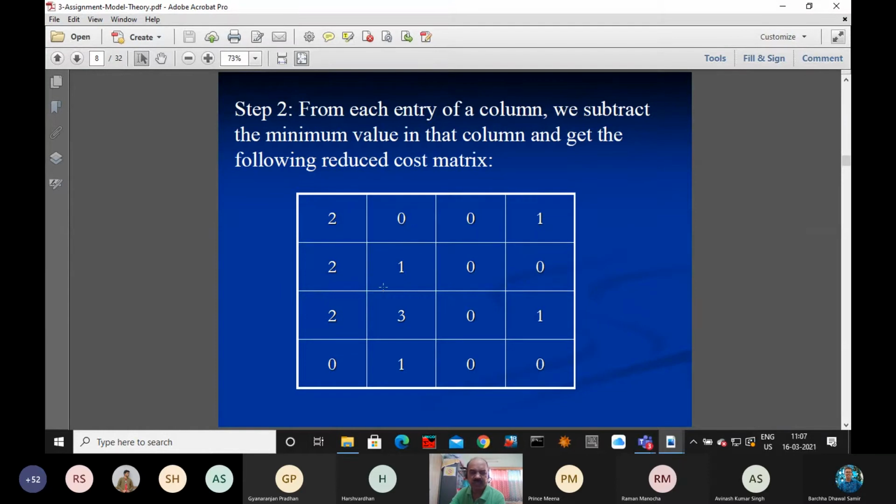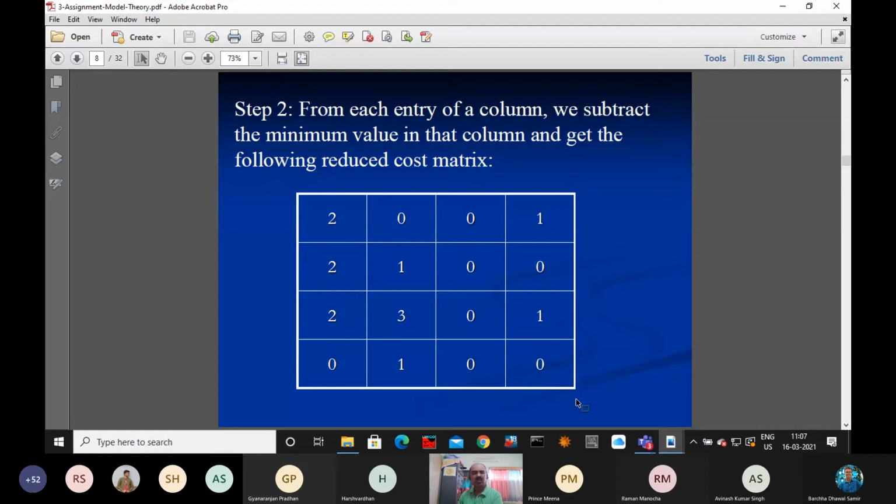In second row there are 2 zeros. In third row there is 1 0. In fourth row there are 3 zeros. And similarly in the first column there is 1 0. Second column there is 1 0. Third column there are 4 0. And fourth column there are 2 zeros.